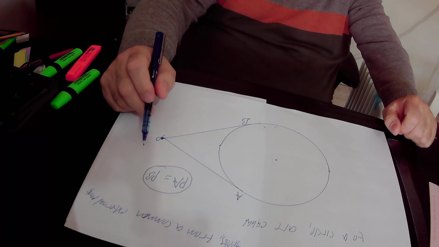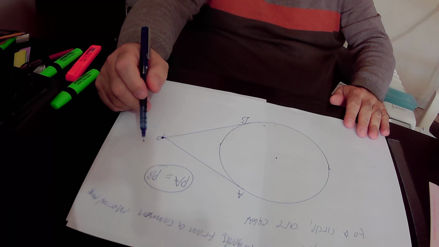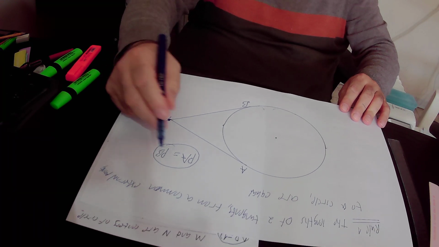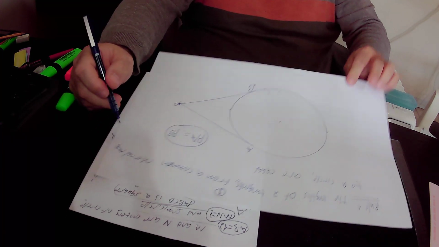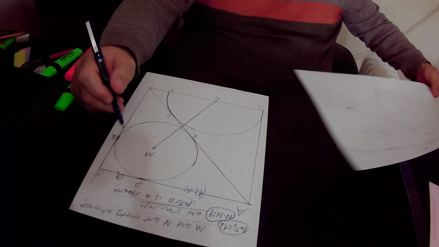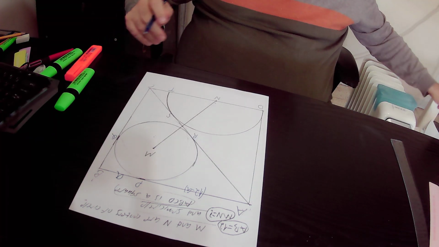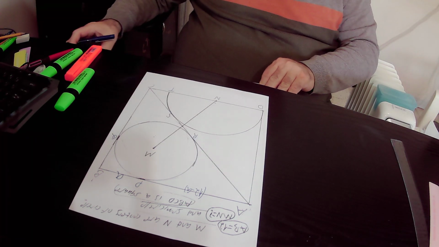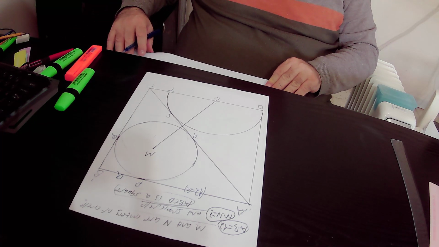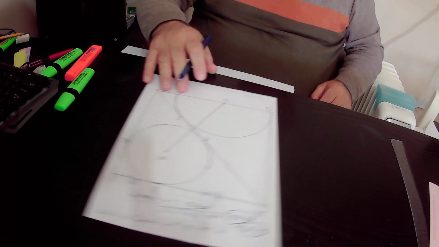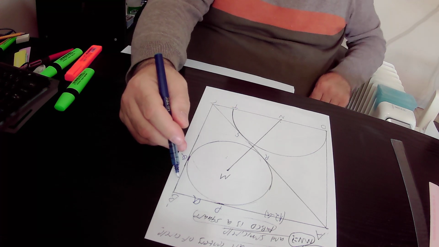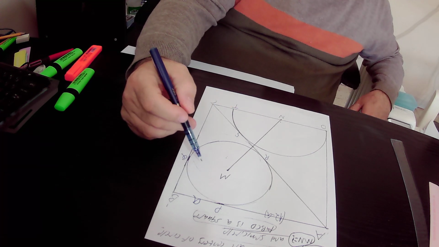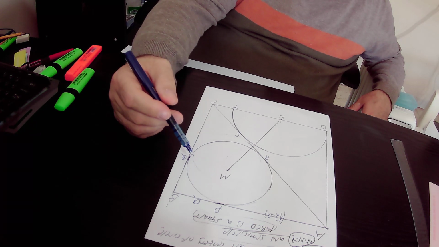Okay? And we can actually implement rule number one in our drawing, because in our drawing we have the external point B. Point B is the external point in relation to this circle.